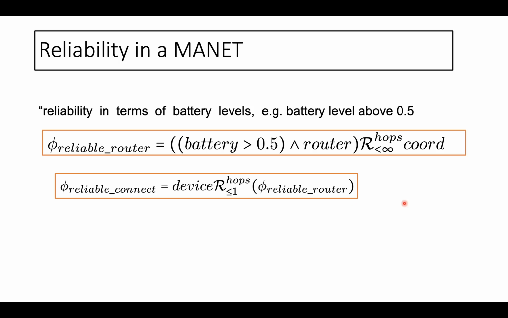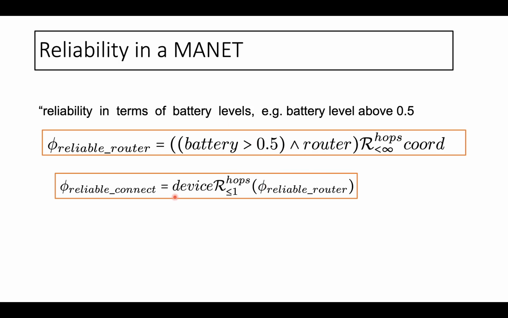The battery level can be considered also for the reliability in a MANET. For example, we may also want to know if there is a path to the router which is reliable in terms of battery levels, for example, battery level above, again, 0.5. This can be described by this property where we are asking that not just the router reaches the coordinator, but it should reach a coordinator with a path where each router has a battery level that is above 0.5.